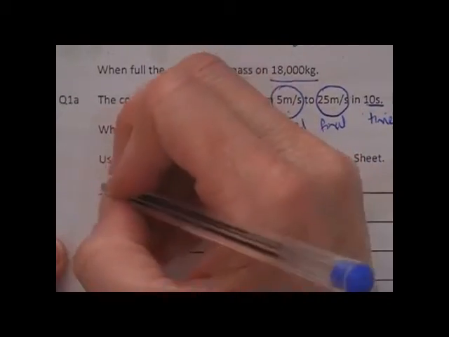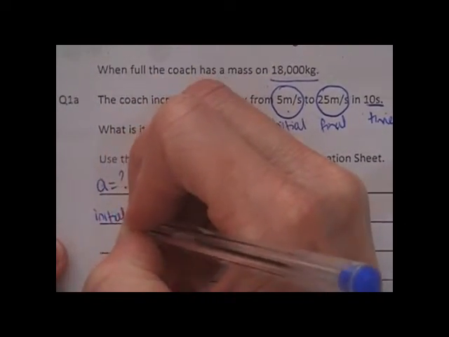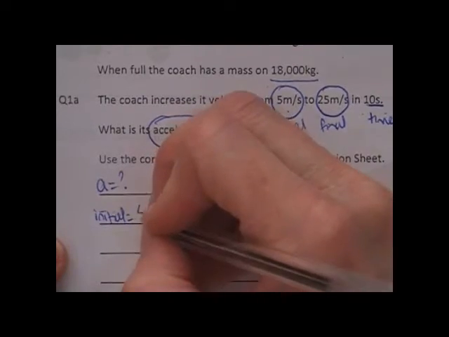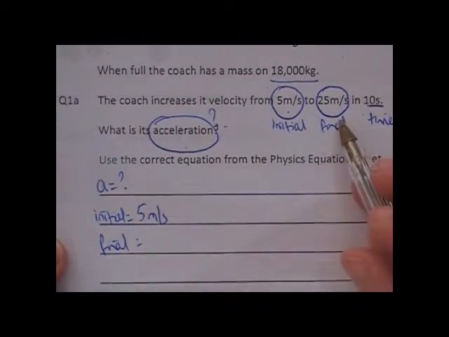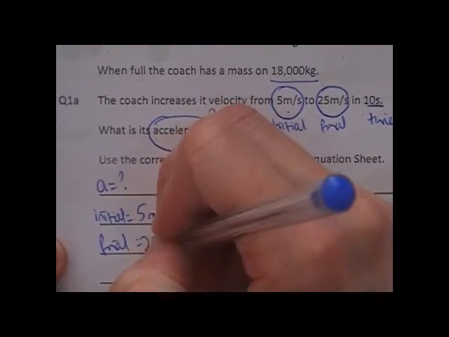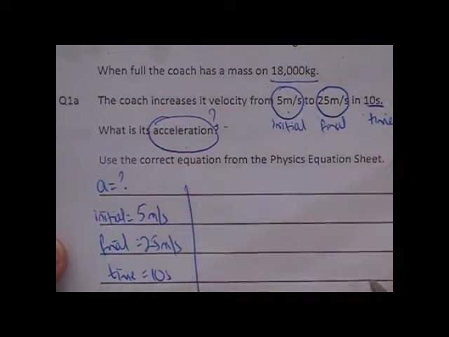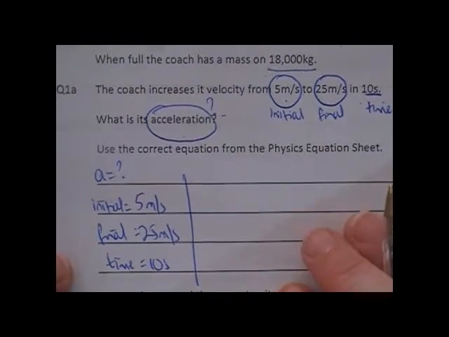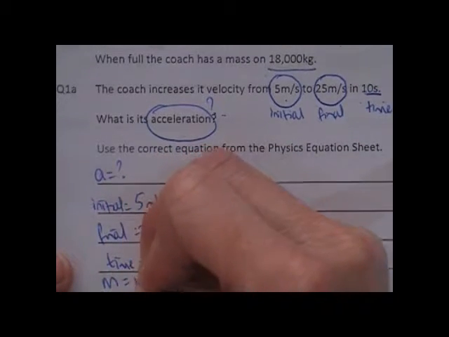So I'm going to put that information down. Acceleration I don't know. I know initial velocity, which is 5 meters per second. I know final velocity, which is 25 meters per second. And I know time, which is 10 seconds. I'm then going to look on the equation sheet to find out my information. I've also got here mass at 18,000.